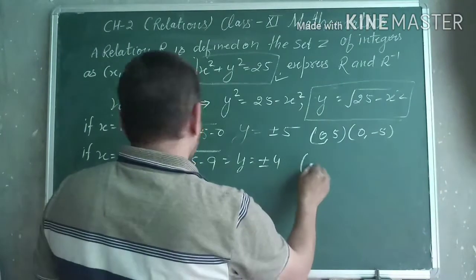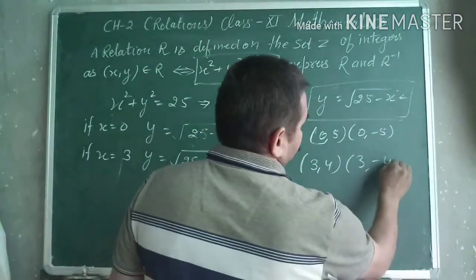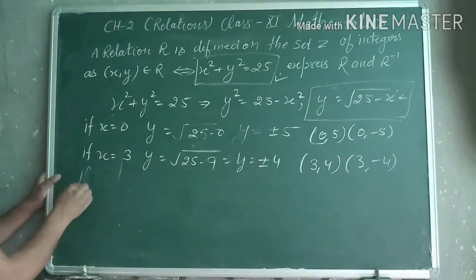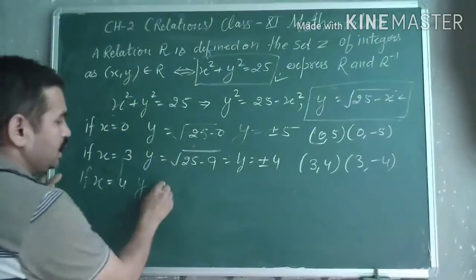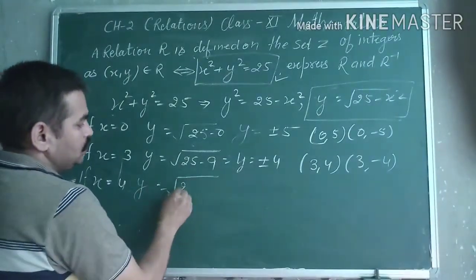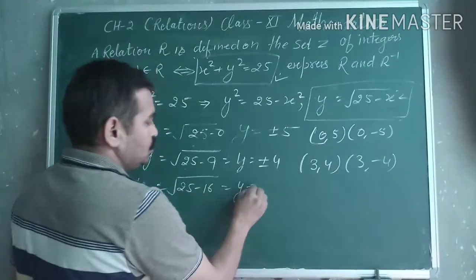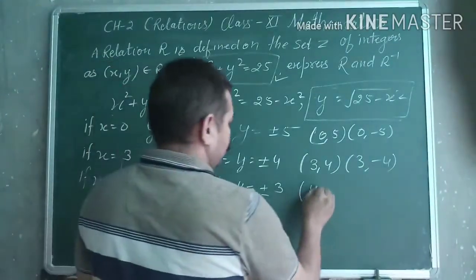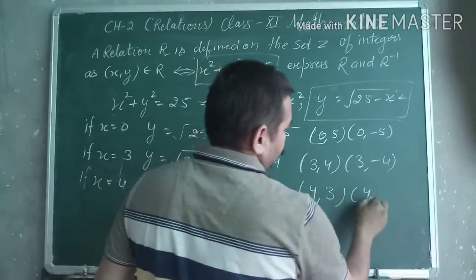It means the pairs are (3, 4) and (3, -4). I hope you understood this. If x is equal to 4, then y is equal to under the root 25 minus 16, that gives y is equal to plus minus 3. So we have (4, 3) and (4, -3).